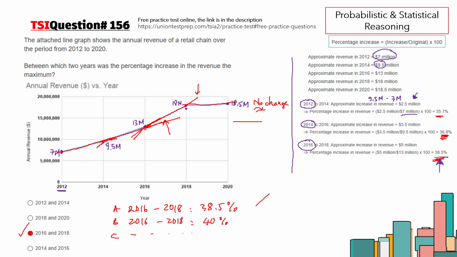Now that they give the percentage in the answer choice, you have to perform the calculation to be able to answer the question. But if they don't, you can just eyeball the graph and answer the question easily.